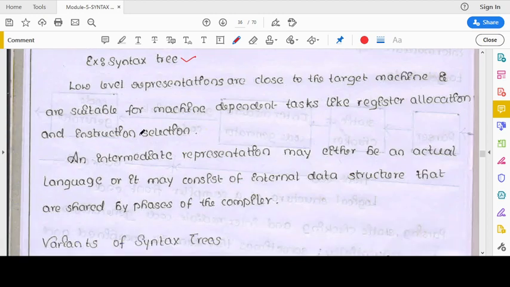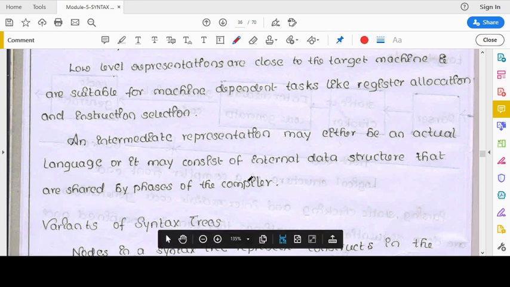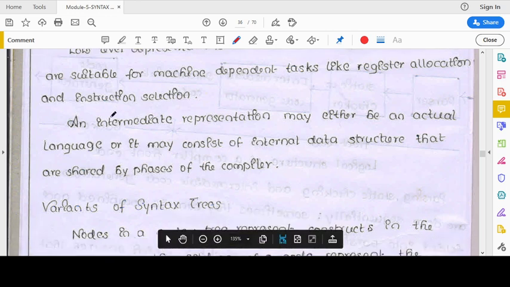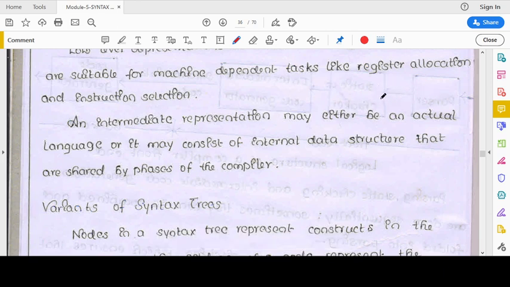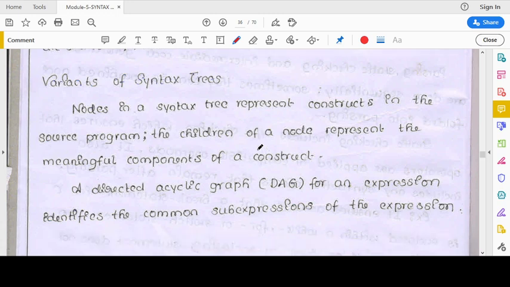An intermediate representation may either be an actual language or it may consist of internal data structures that are shared by phases of the compiler. So anyhow, any program or any case which we see needs to be pushed through all the phases of the compiler, right? So moving on, the variants of the syntax tree. Nodes in a syntax tree represent constructs in a source program.